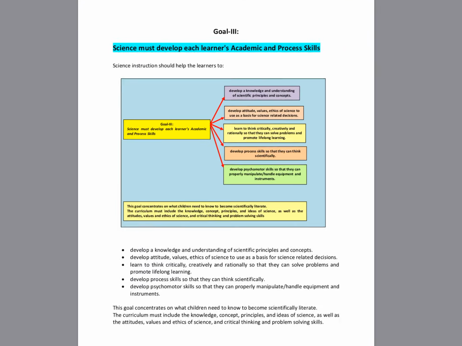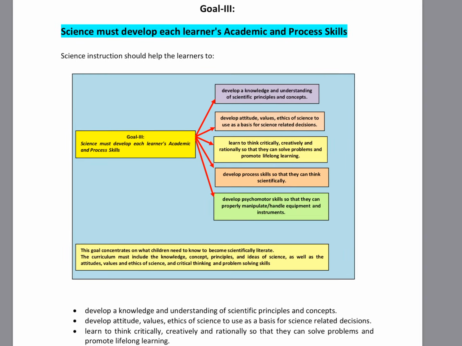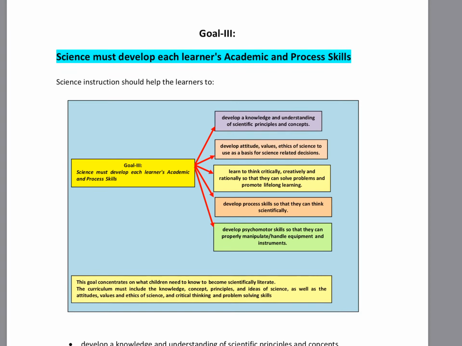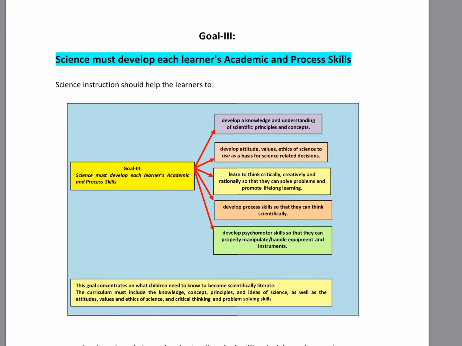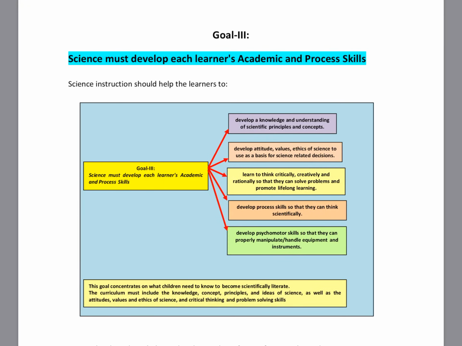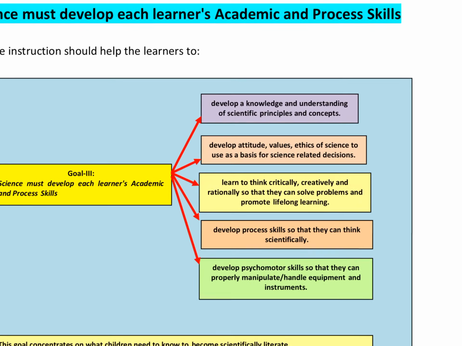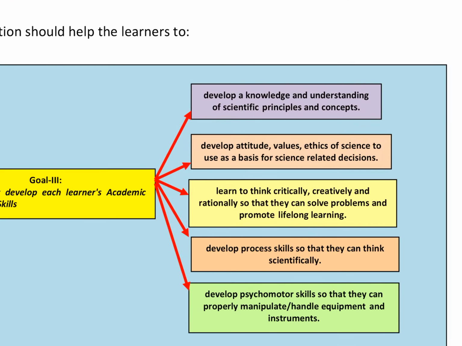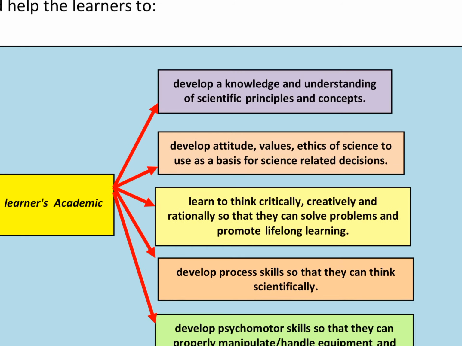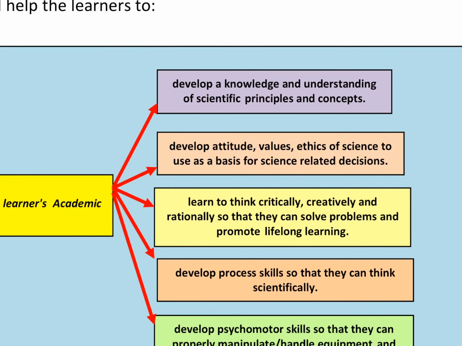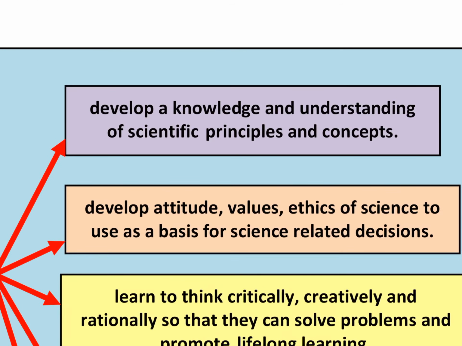So these are the goal 2 and its detailed areas. And goal 3, the science must develop each learner's academic and process skills. So this goal 3 has emphasized the academic skills. When the children or the learner starts to learn science in the school, they should be able to develop a knowledge and understanding of scientific principles and concepts.